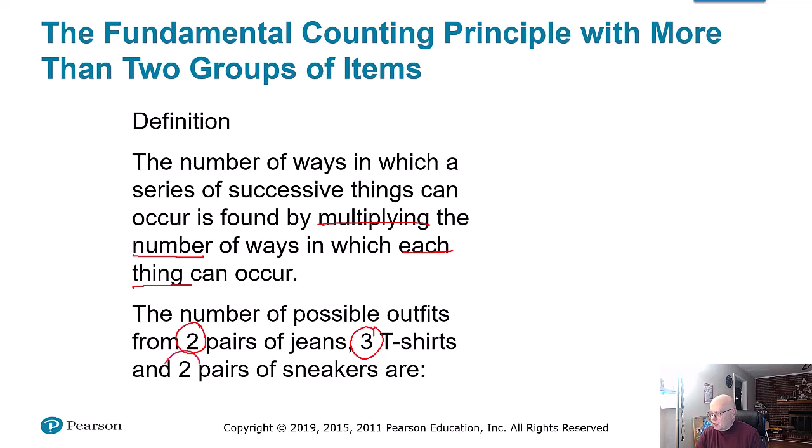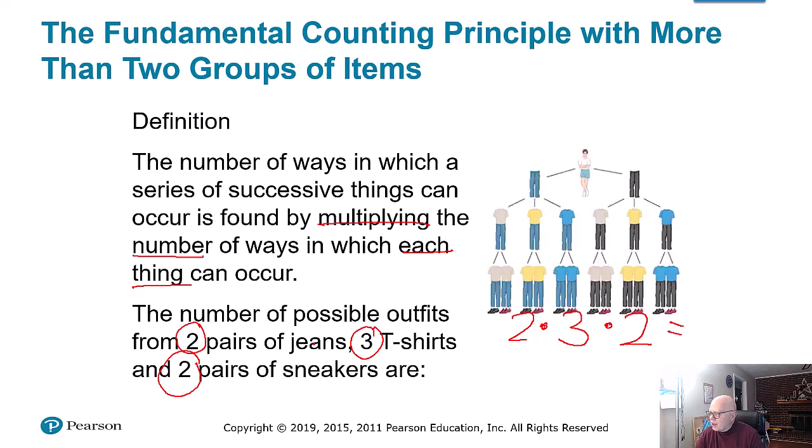Well, just multiply that 2 times the 3 times the 2. There's a tree diagram we could use, choosing the jeans, either this one or this one. Then choose one of the shirts, and then finally one of the two pairs of sneakers. 12 different ways you can make an outfit with 2 pairs of jeans, 3 t-shirts, and 2 pairs of shoes. Not a whole lot in our wardrobe, but we can go to 12 different events and have a different outfit.